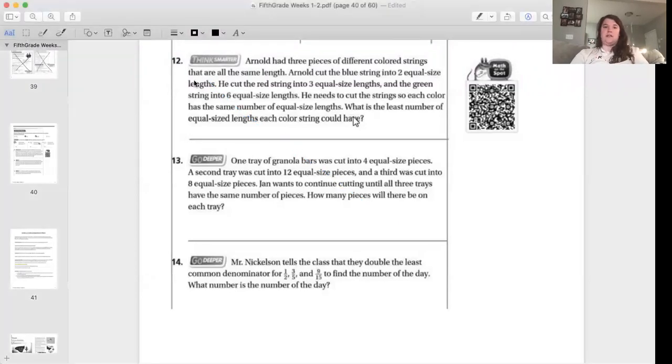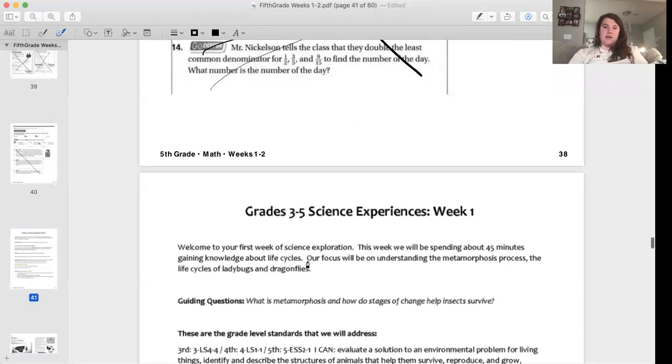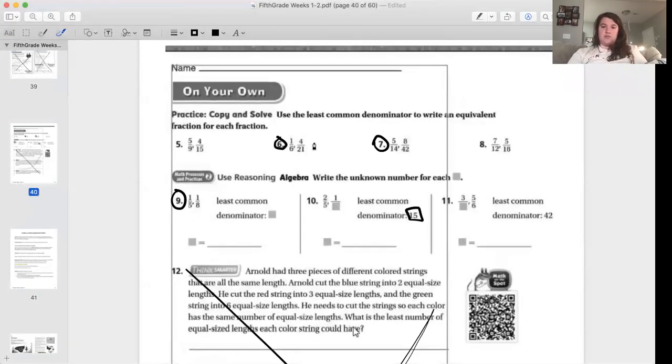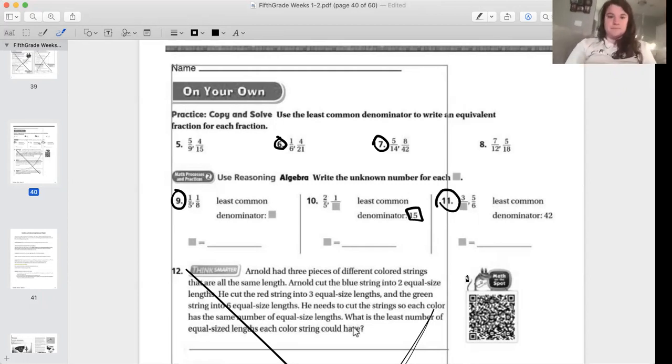This you've already been kind of doing. You've been finding common denominators for quite a while, so I'm not super concerned about that. So you just need to do 6, 7, 9, and, forgot to circle it, number 11. And then the rest you can fill in because we just did them together.